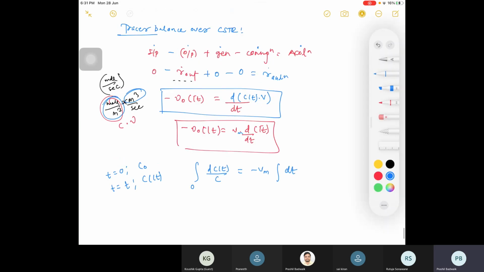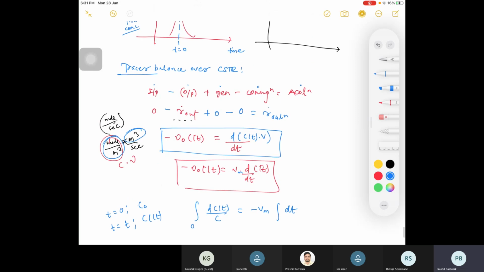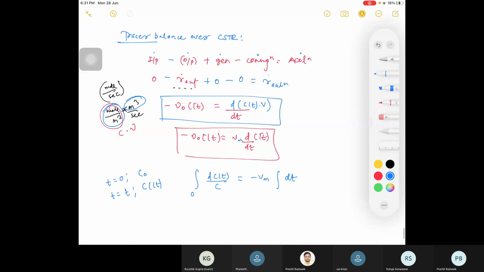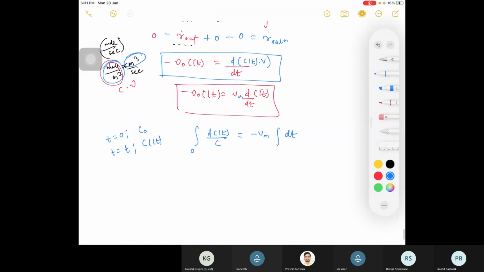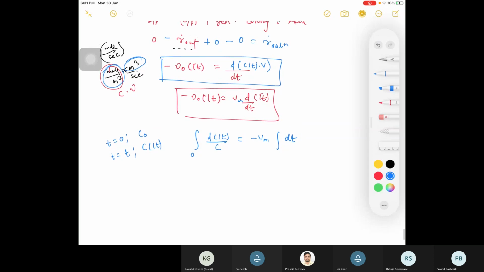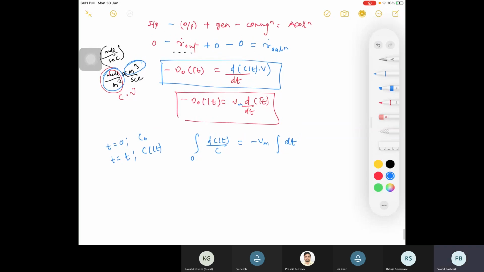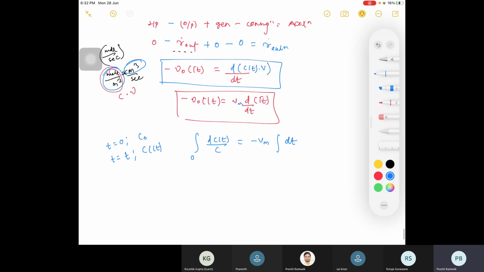Initially your concentration is your C naught, right? That is your maximum concentration, whatever you are putting. Maximum concentration you will have at starting. Then eventually it decreases, and it decreases to the value C(t). So if you integrate it over these limits, this is your C naught, and you will have C(t). Here it is 0 and it is your t.